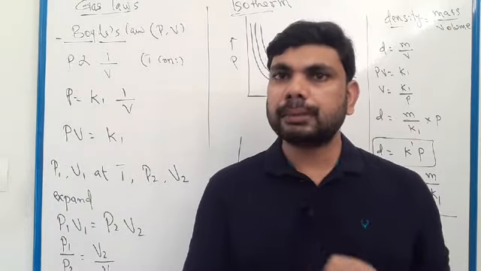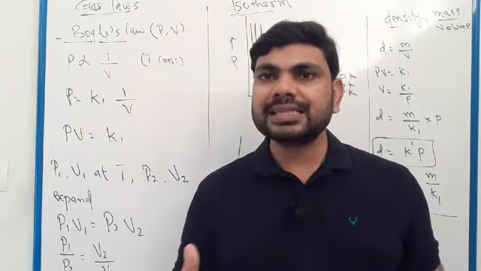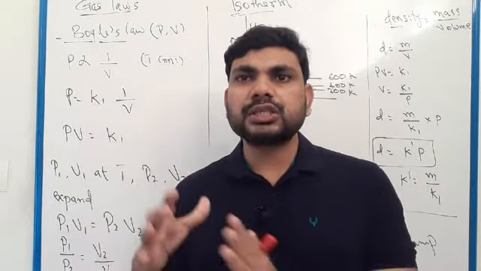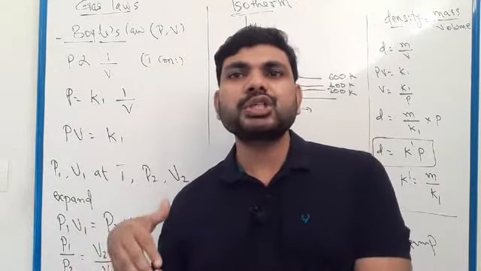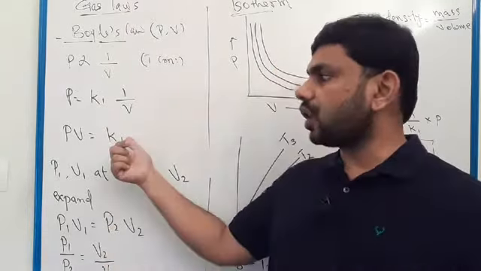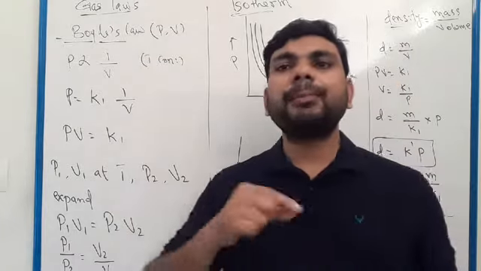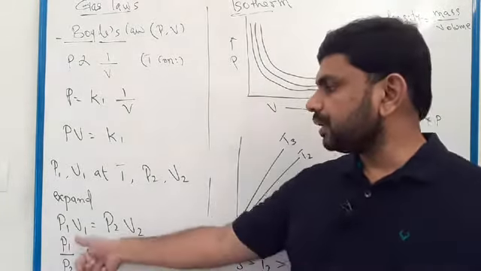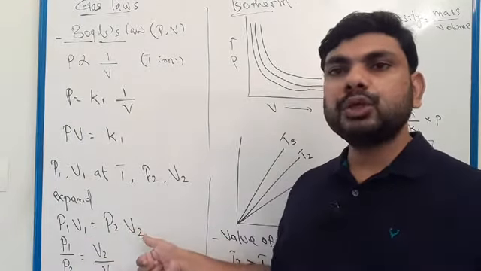The gas is expanded. After expansion, the pressure changes to P2 and the volume changes to V2. We know PV equals a constant, so we can write P1 V1 equal to P2 V2.